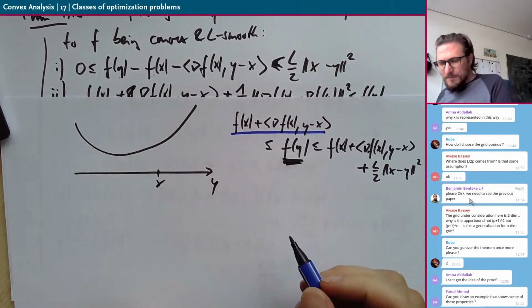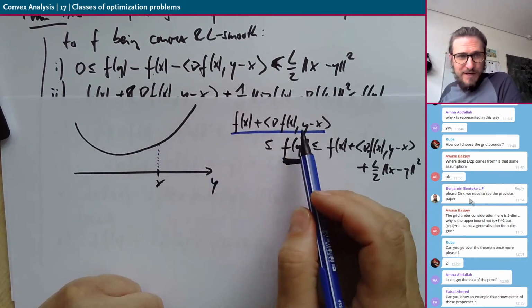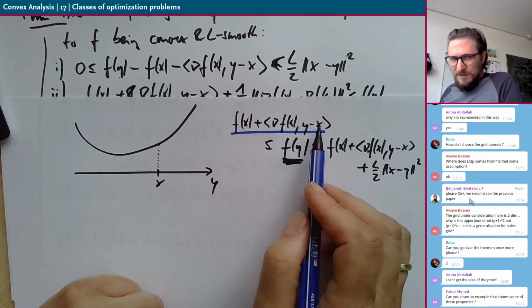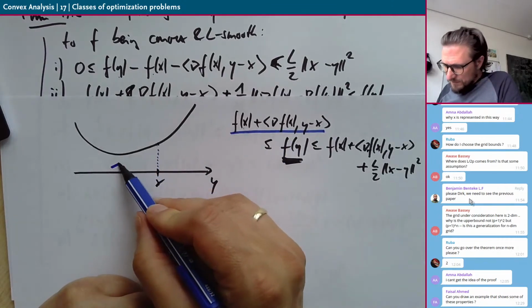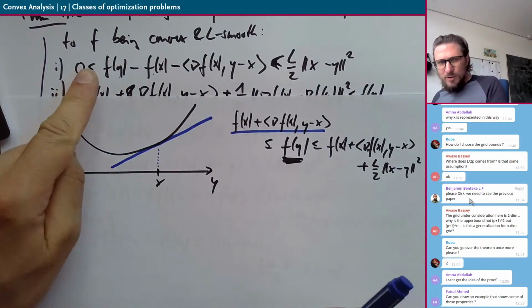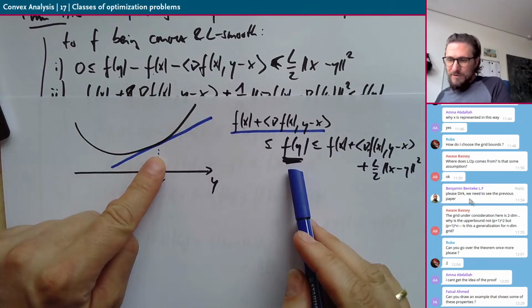The blue thing is the linearization of the black function at the point x. So it's f of x plus a linear function with this slope. And so the lower inequality says that the function lies above its linearization.